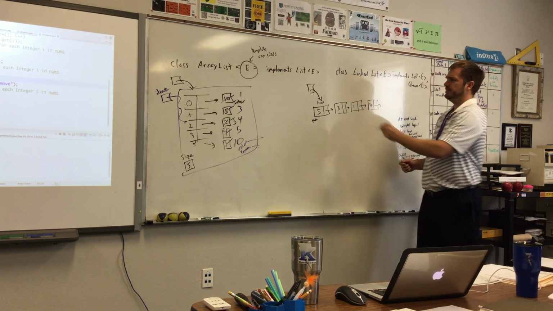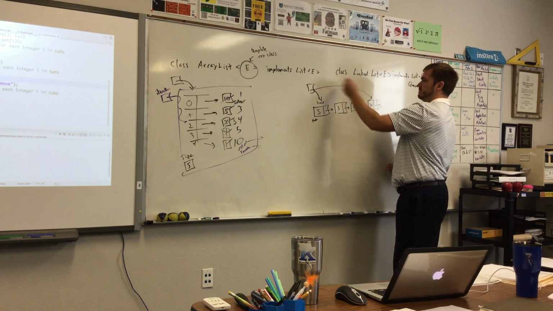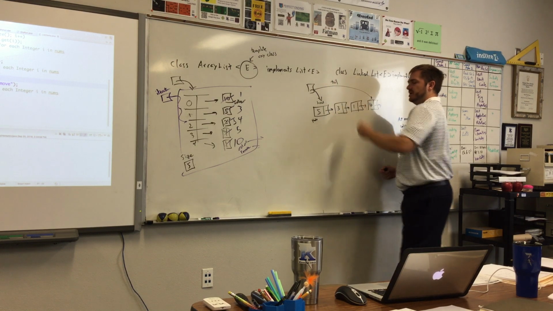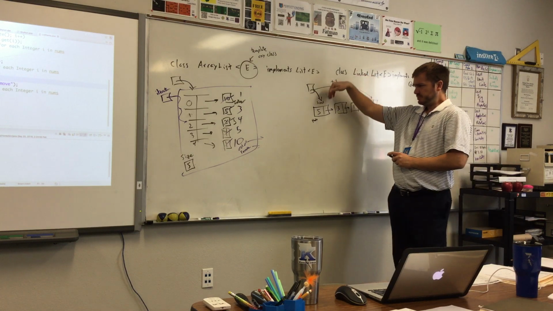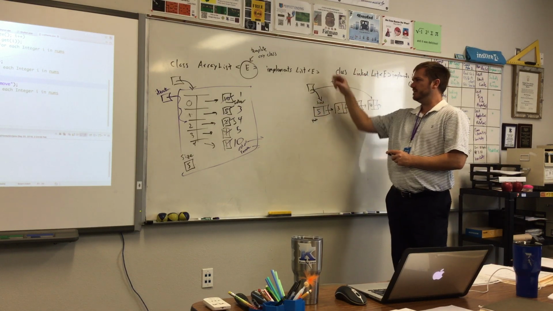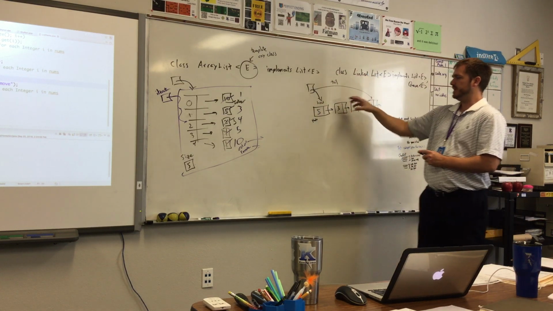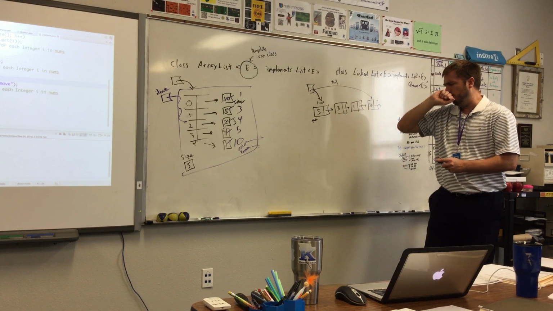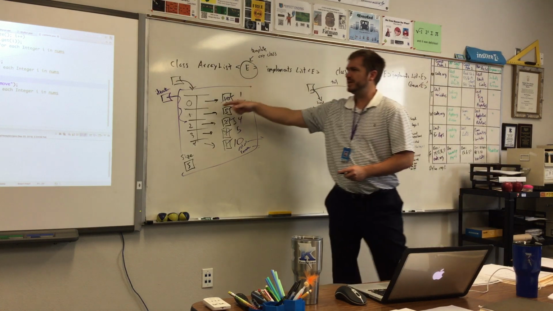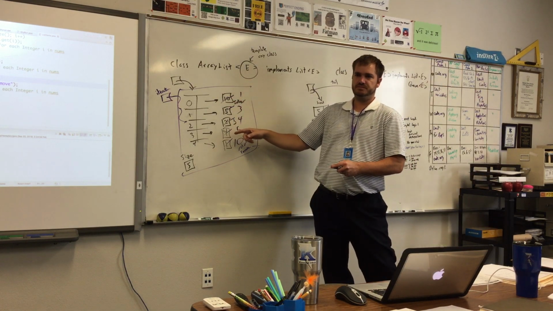That one doesn't point to anything. And the reference has a reference to the head and to the tail. And so you can get information about the beginning or about the end, but you can't access any information about the middle, not like you can with an array list.